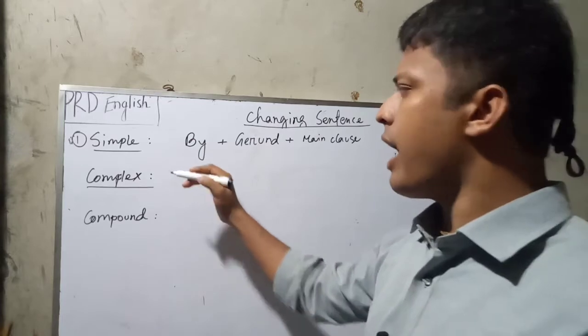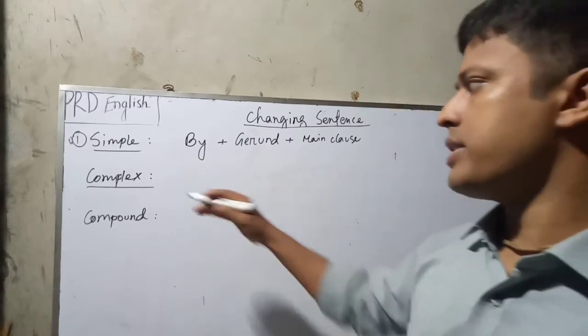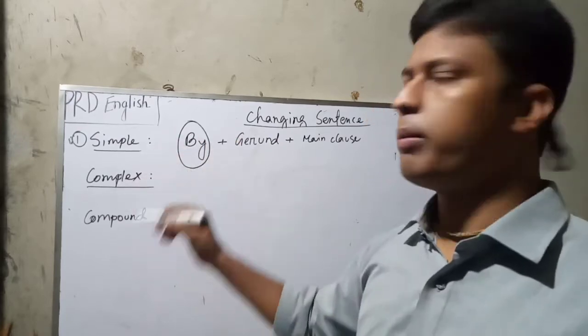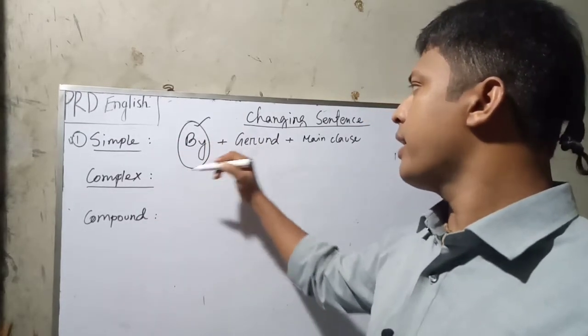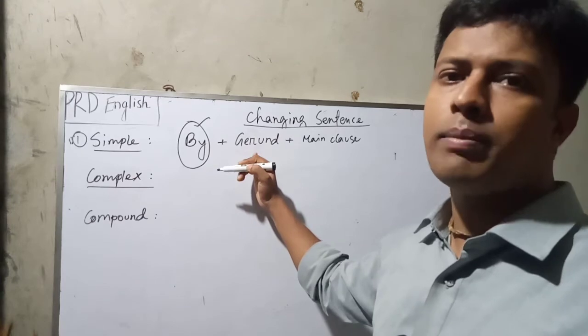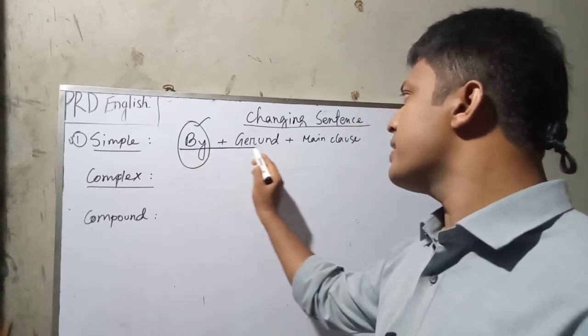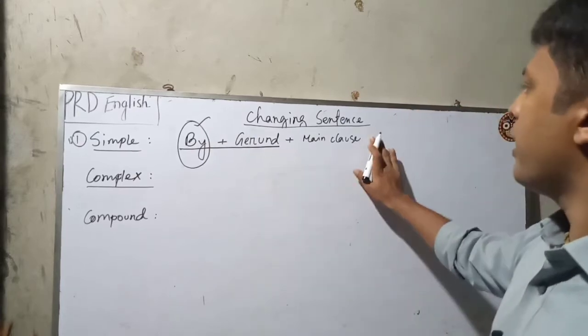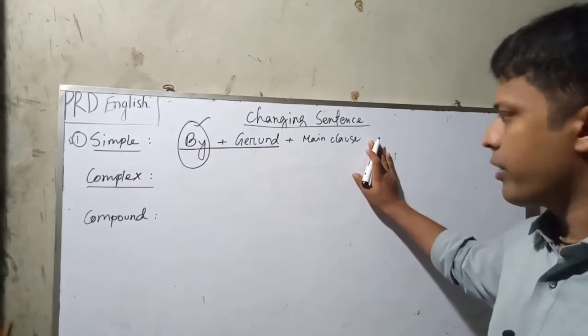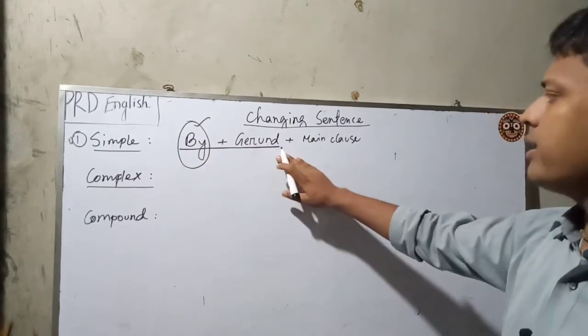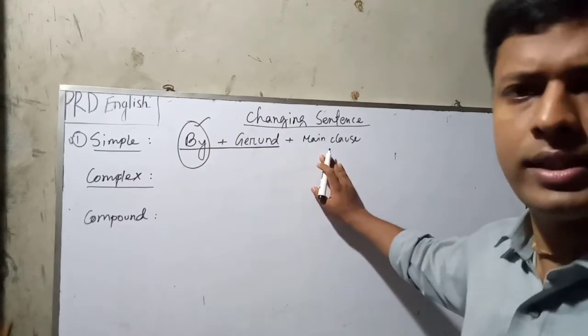How do we change this sentence into complex? Now you can see here the symbol by and a gerund, by plus ing. We can see this structure after the main clause also: main clause plus by plus gerund, or by plus gerund with a main clause, same thing.